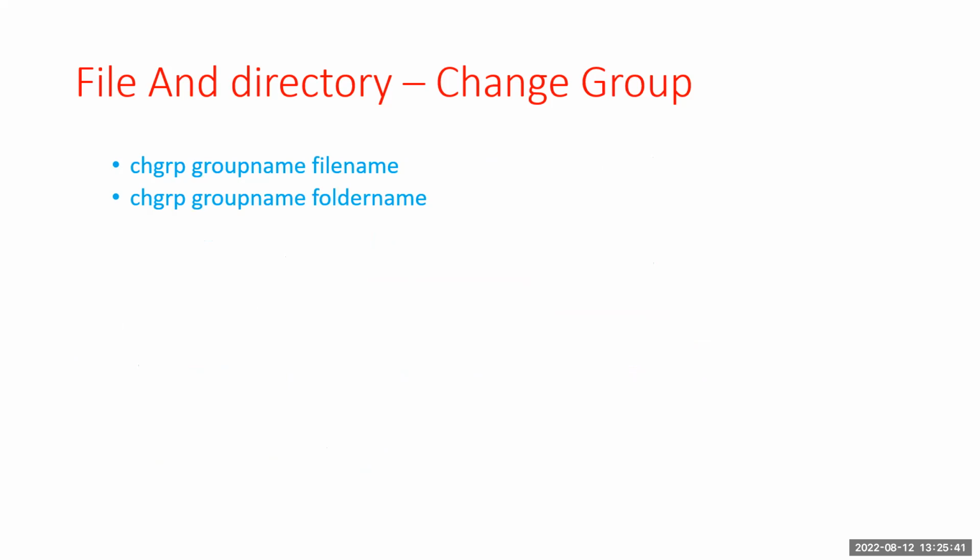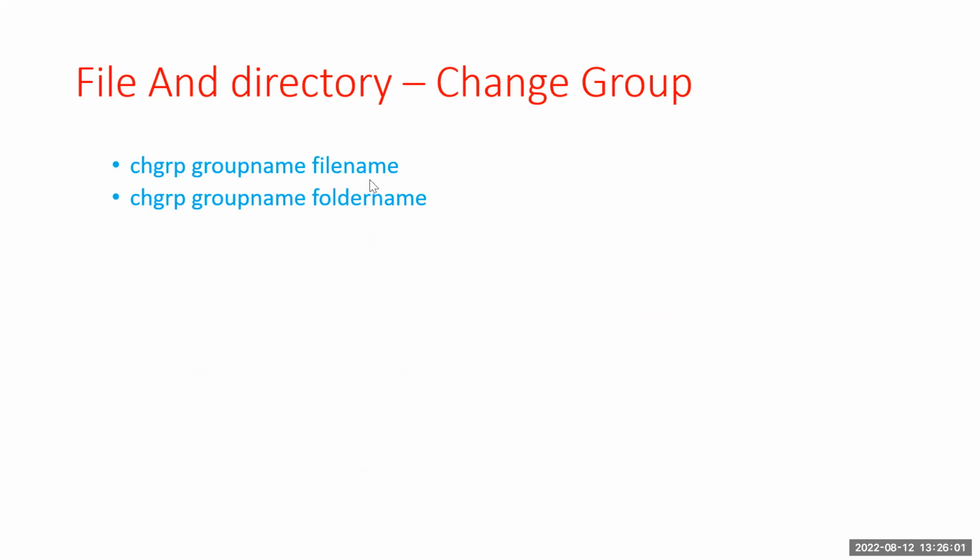So how do you change the group? Maybe your file belonged to a DevOps group, but now you want to change the file's group to a different group. The command would be change group, and either a file name or a folder name.